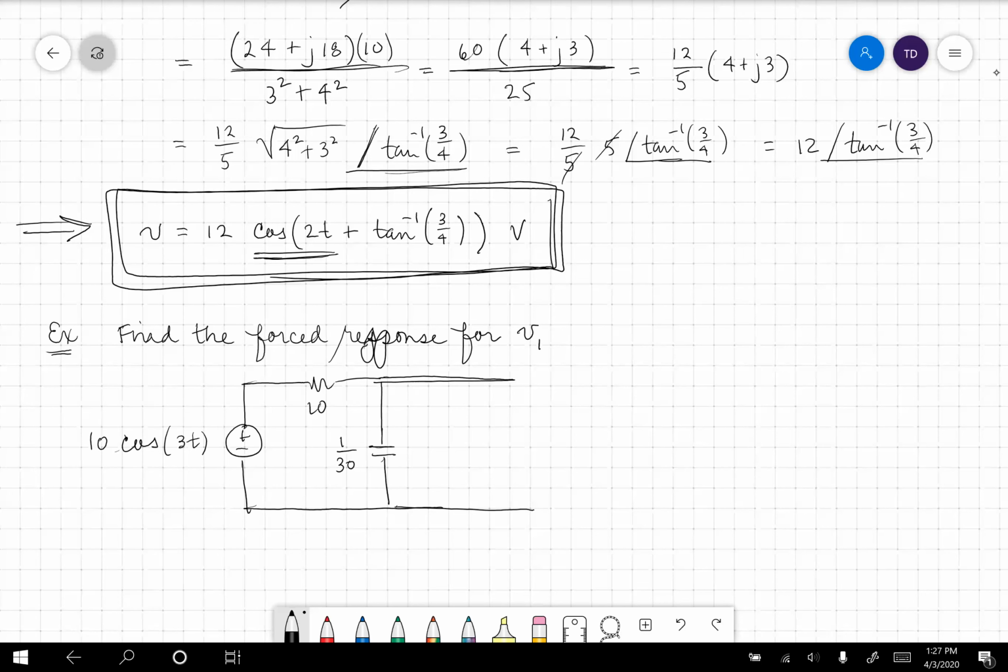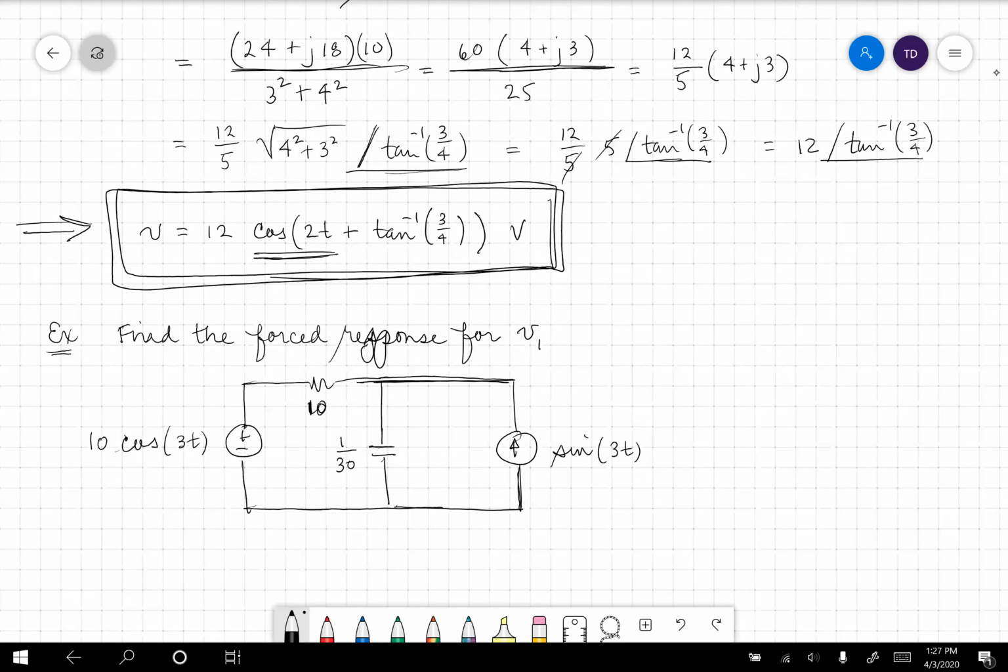And over here, I have a current source. This current source is sine of 3t. Make sure that looks like a 10 right there.